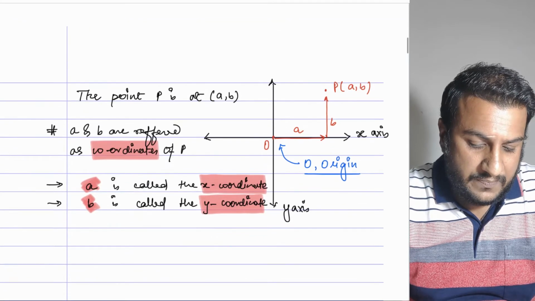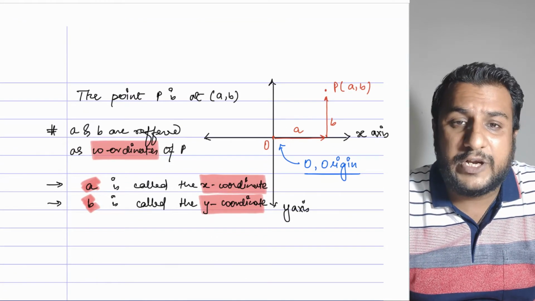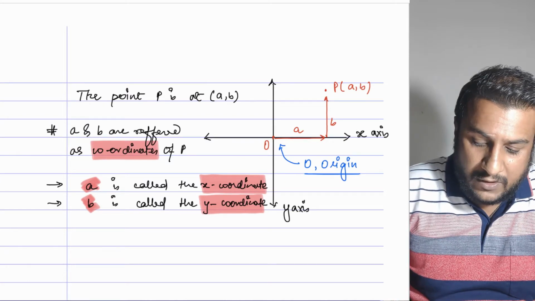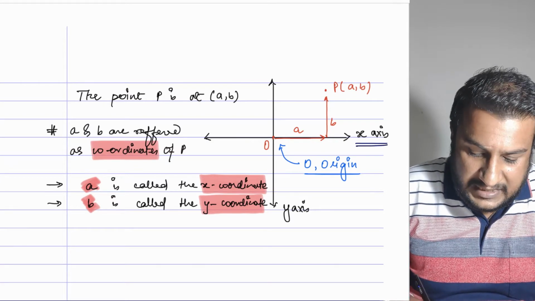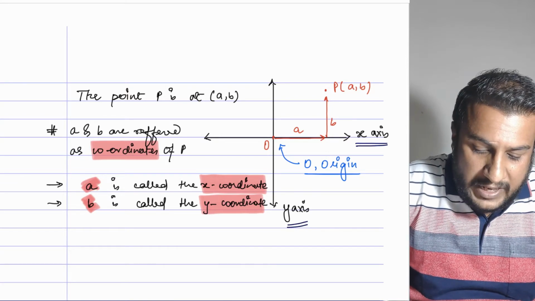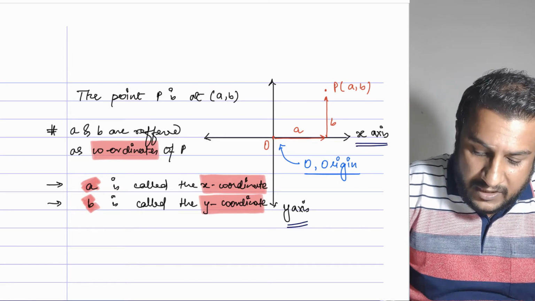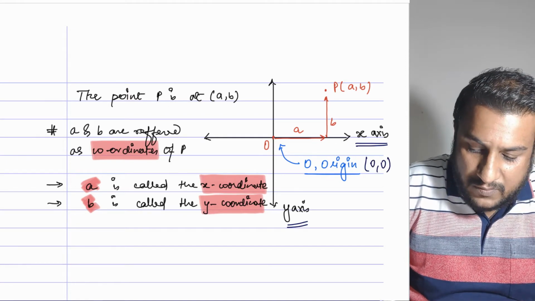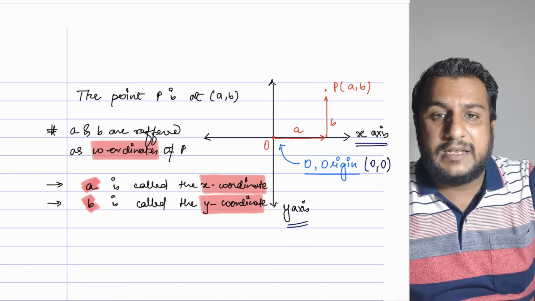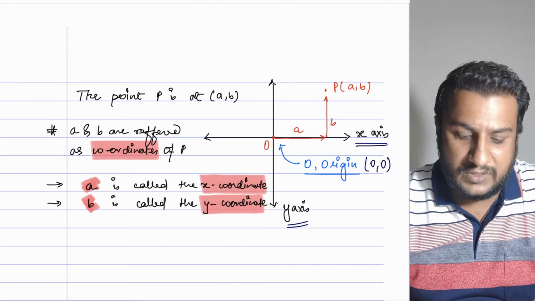If we divide a number plane, we have a horizontal axis which is the x-axis and a vertical axis which is the y-axis. The point where these two axes meet or intersect is known as the origin, and the coordinate of the origin is 0, 0, the ordered pair. At this point the value of x is 0 and the value of y is also 0.